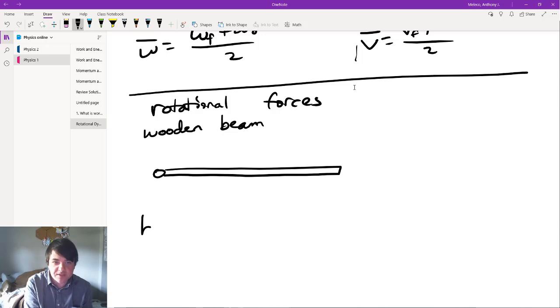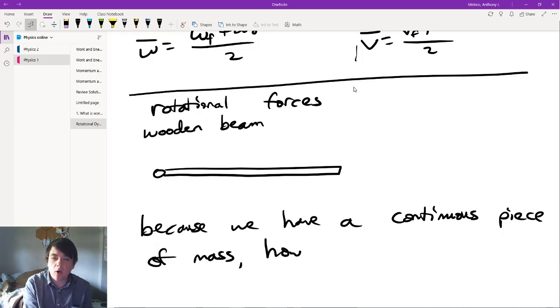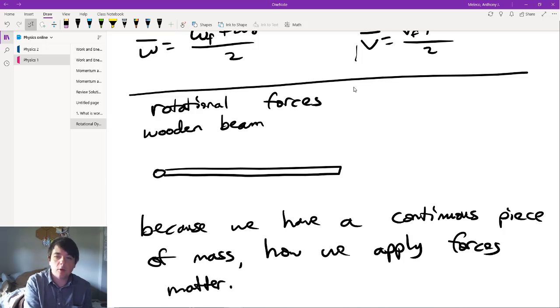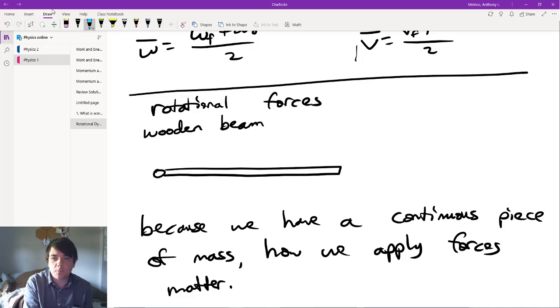Because we have a continuous piece of mass, how we apply forces matters. If I push up here, that's very different than pushing in on the wood.